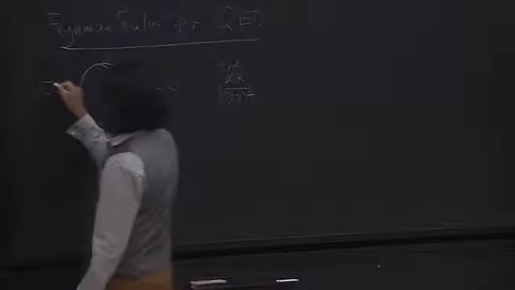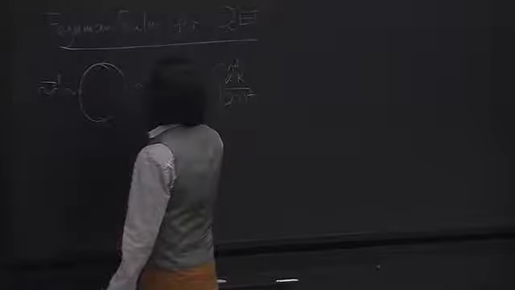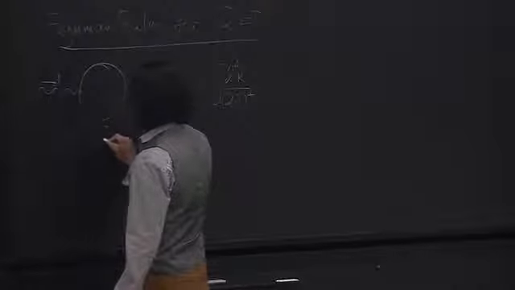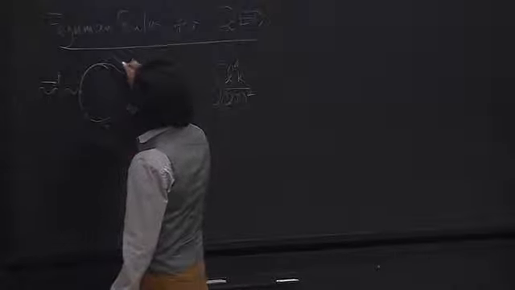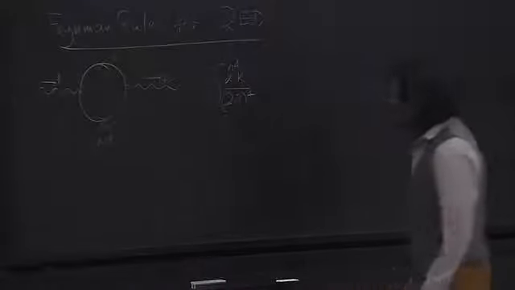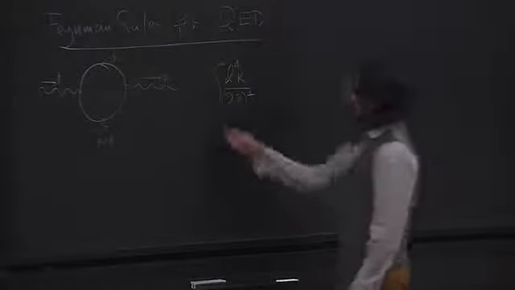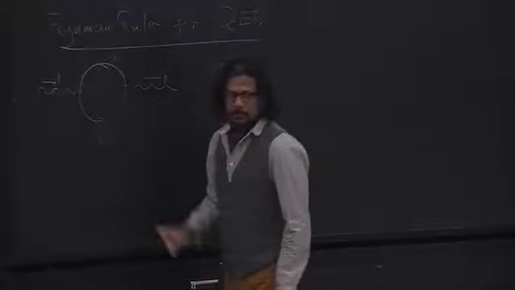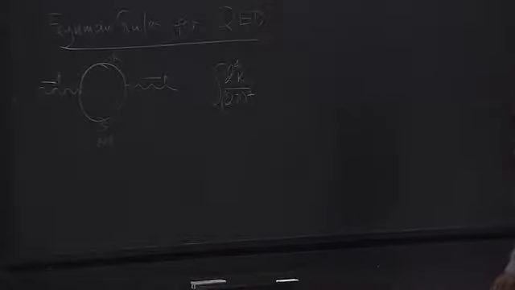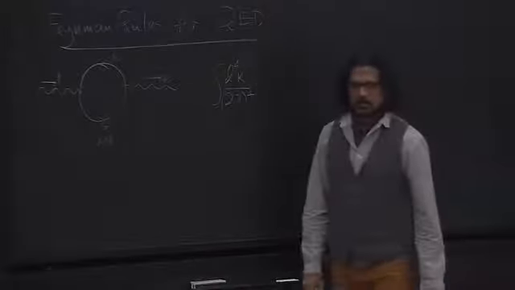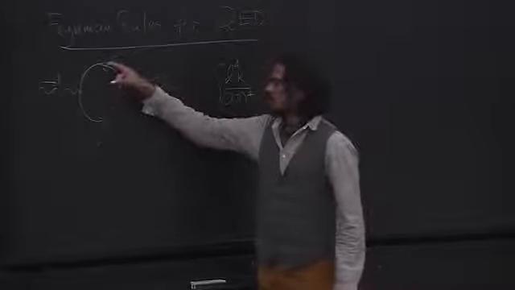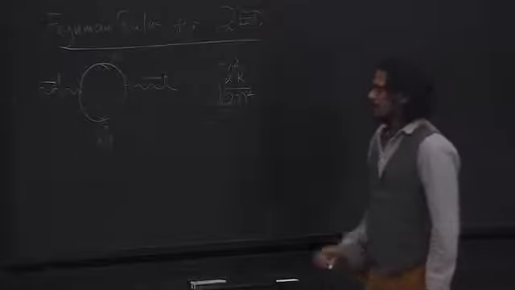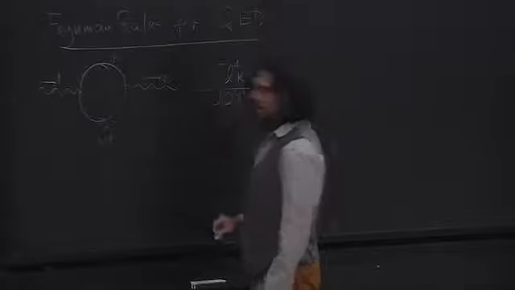So suppose this was, say, p, and this was p going out. But the momentum here would be, say, k plus p, and this would be minus k. And this momentum is not determined by the external momentum. When an internal momentum is not determined by the external momentum, you have to introduce an integral over k. And because it's a fermion loop, you have to introduce a minus sign.